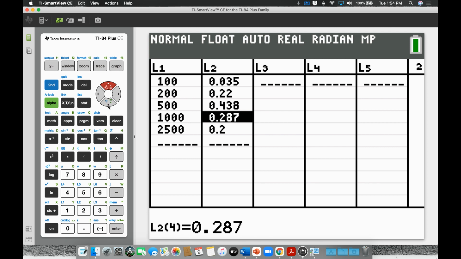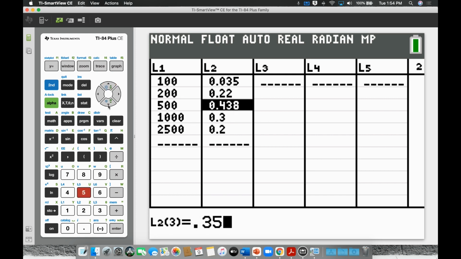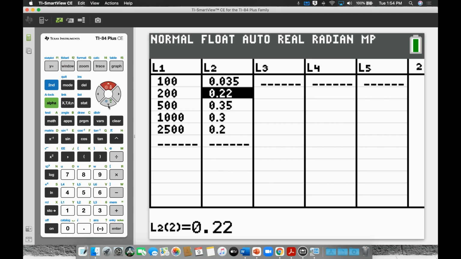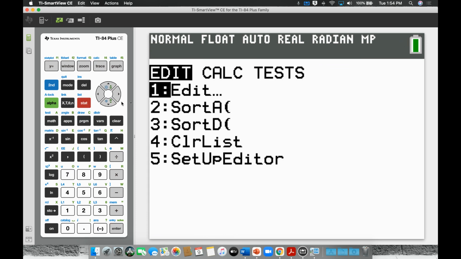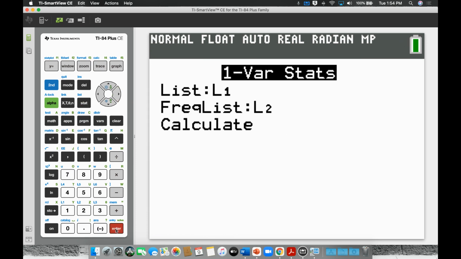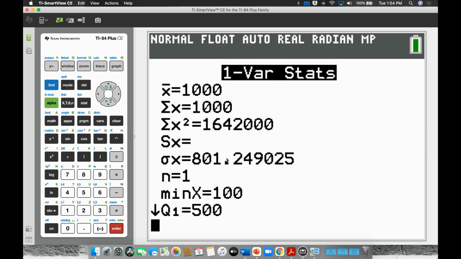For the first list, I get an average of $10.25.